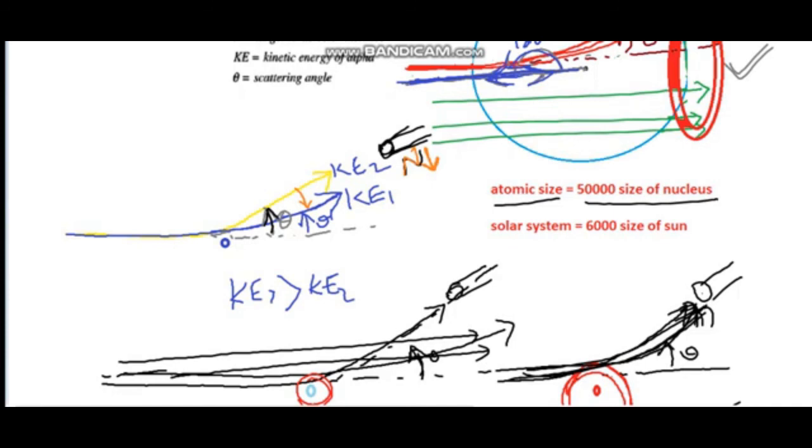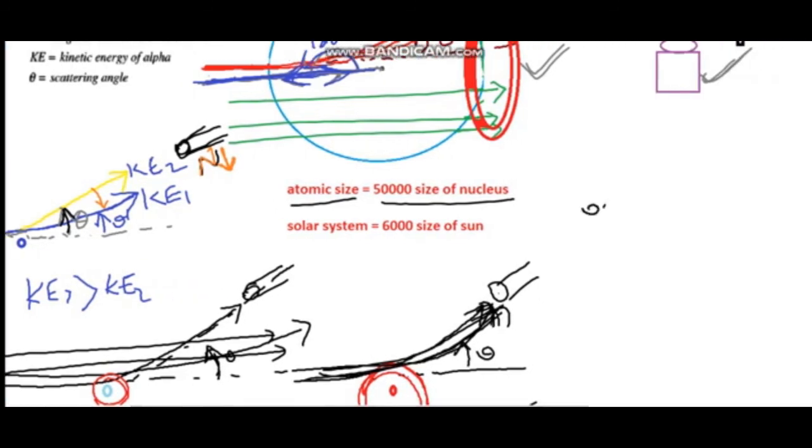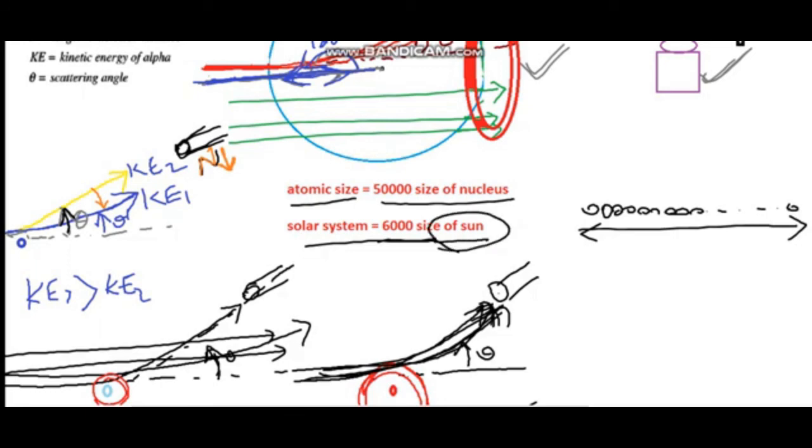This means that if you arrange 50,000 nuclei in a series, you will get the size of an atom. Compare this with the solar system, which equals 6,000 times the size of the sun: if you arrange 6,000 suns, you get the solar system. If you arrange 50,000 nuclei, you get the atomic size. So the nucleus is very small.